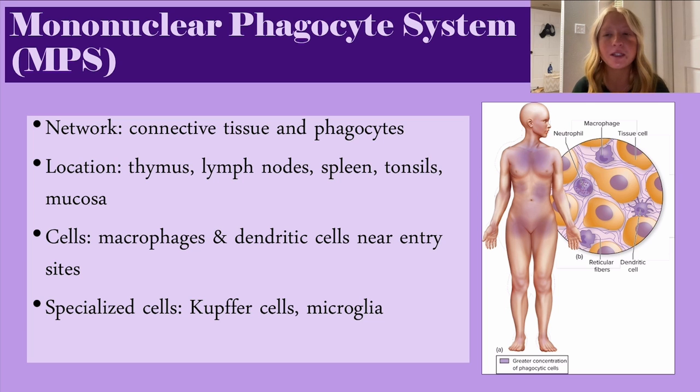When pathogens enter, macrophages and dendritic cells will act immediately. But many are resident cells like Kupffer cells in the liver or the microglia in the brain. They stay in one place, constantly monitor things entering the body, and help with antigen presentation.